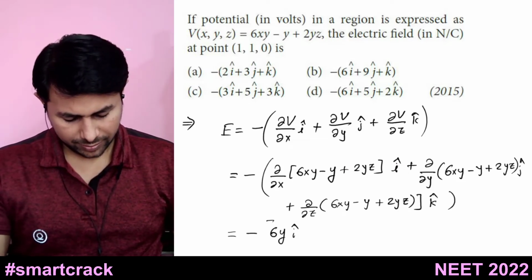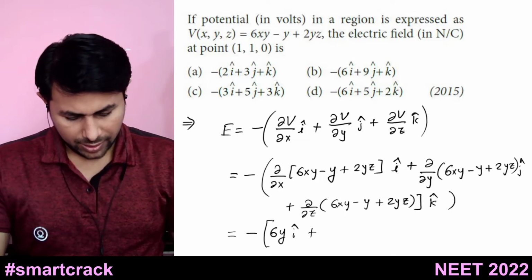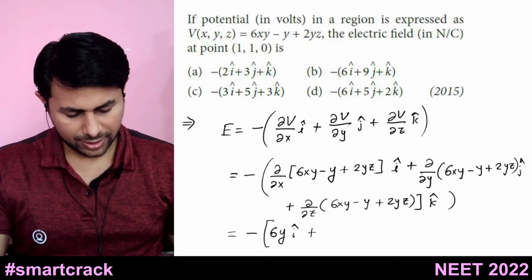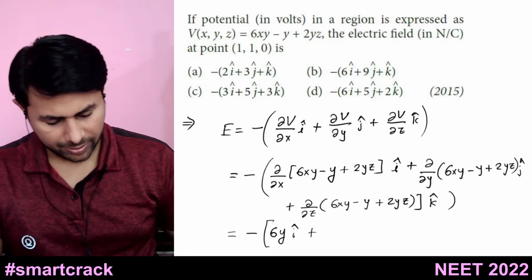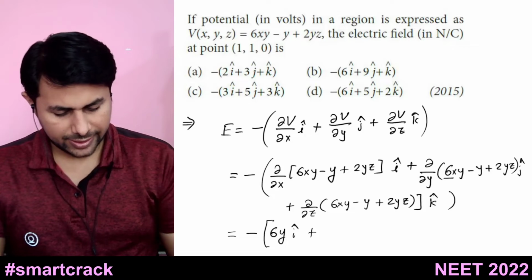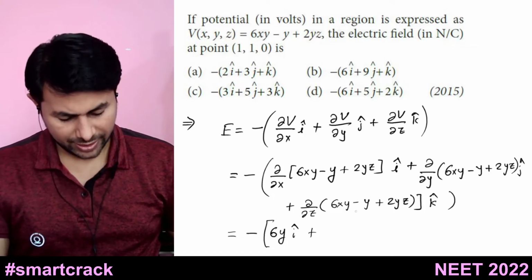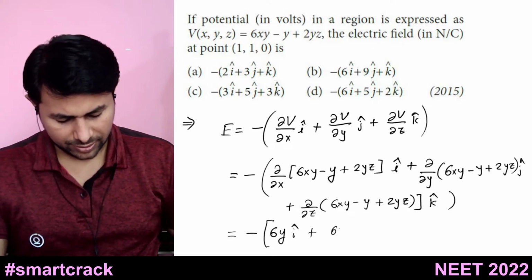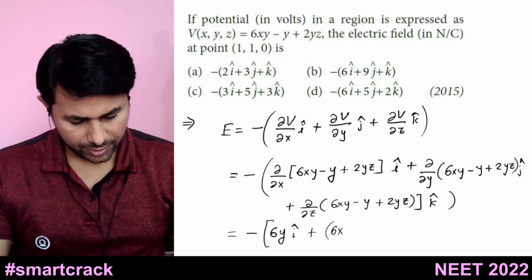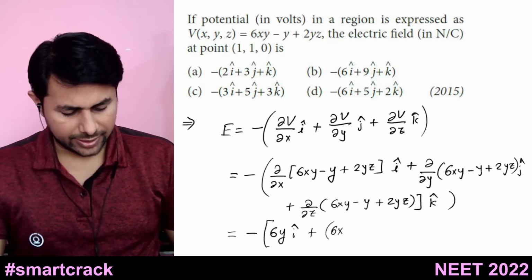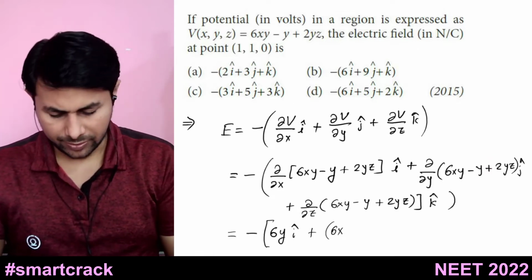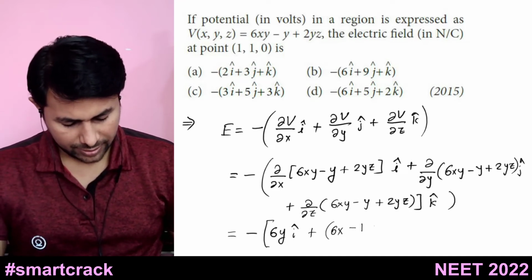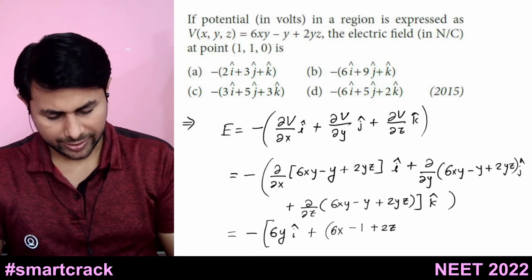plus we have, in the bracket, the derivative with respect to y. Here y is there in all terms, so we have to be a little bit careful. Here 6x is constant, we can take it outside, so it is 6x. The derivative of y with respect to y is 1, so 6x into 1, then minus dy by dy is 1, so minus 1, then plus 2z into dy by dy is 1.